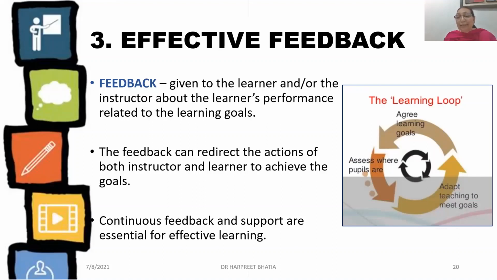That is, you start by agreeing on learning goals, then you adapt the teaching to meet those goals, like we mentioned, it is a collaborative effort, and the student also puts in their best efforts as far as learning is concerned. And then you assess the pupil through summative and formative assessments, and the constant feedback that you give to the student acts as a motivator for the student to learn further.